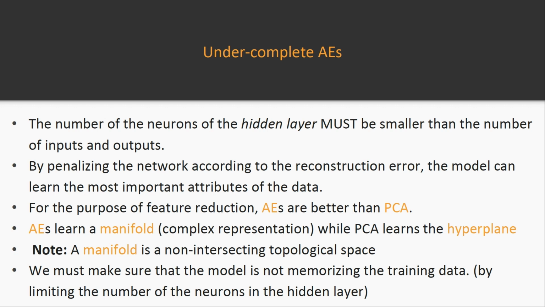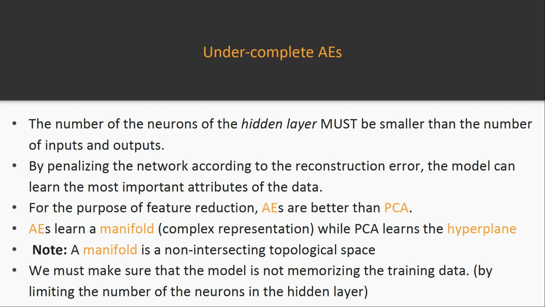For the purpose of feature reduction, autoencoders are better than PCA, or principal component analysis method, since they are able to learn a manifold, or in other words, a complex representation of the data, while PCA only learns a hyperplane. A manifold is a non-intersecting topological space.